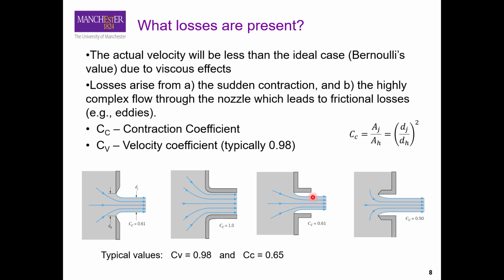And if you have more contraction, or a geometry where you lose a lot of energy, for example, here you have a much smoother edge, while here you have a very sharp edge where the fluid goes through a 90-degree angle, there you have a much higher contraction effect compared to when you have a very smooth edge. Okay. So the typical value of CV, the velocity coefficient that considers the viscosity effect, is 0.98. And the typical value for CC is 0.65, but they both depend on the geometry and the type of the fluid.